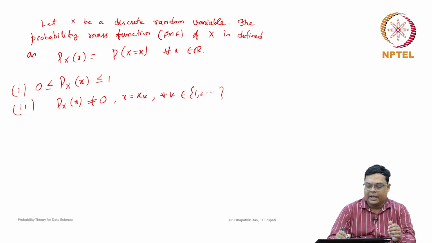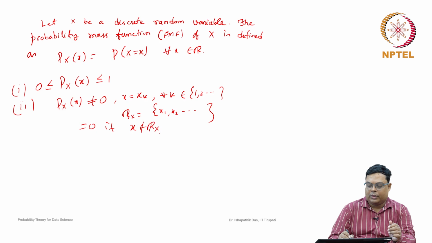So, basically x_k is nothing but the range of X: x_1, x_2. Otherwise p_X(x) is 0 if x does not belong to the range of X. Also, you can remember that the summation of p_X(x_k) over all possible values of k should be equal to 1.